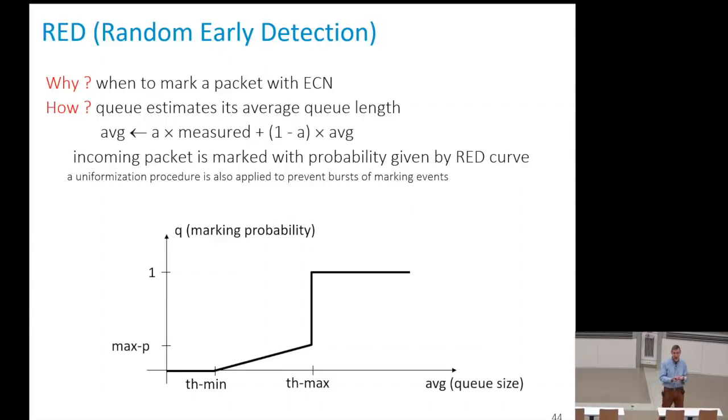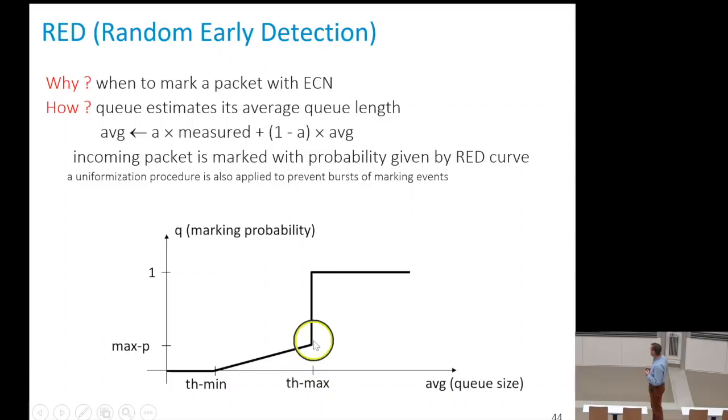Imagine you do this. That means you are an output buffer in a router. When a packet comes, you go into this curve, and with a probability that is non-zero, you flip a coin, and with this probability, you decide to drop the packet. The maximum threshold would be the buffer size.